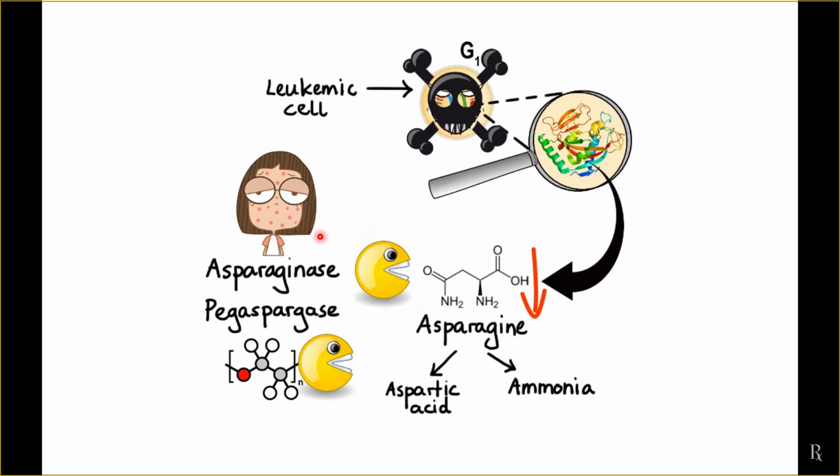And for those patients having allergy to the asparaginase, PEG asparaginase, that is a polyethylene glycol derivative of the asparaginase, is produced, that has longer half-life and better tolerance and will not lead to the allergic reaction, unlike asparaginase. So this is one of the first drugs that is cell cycle specific.